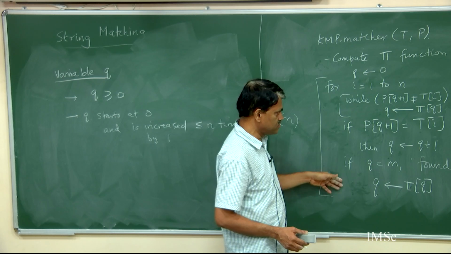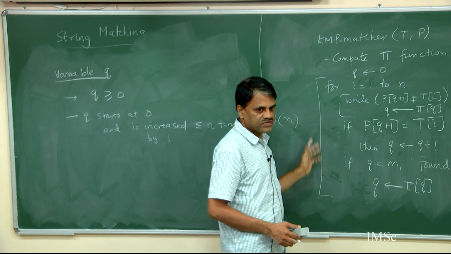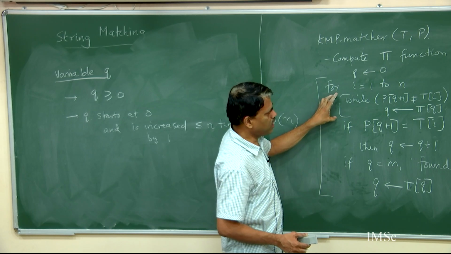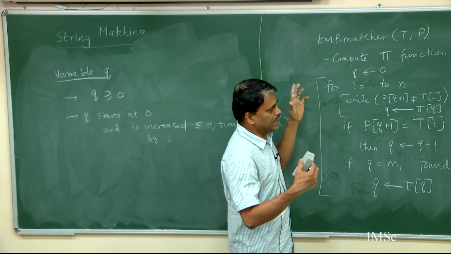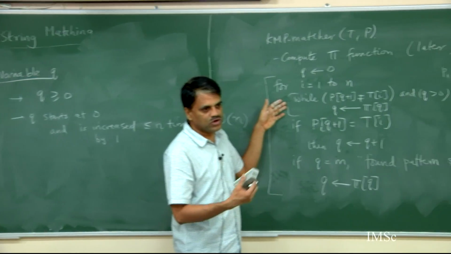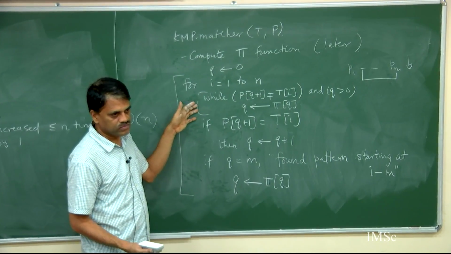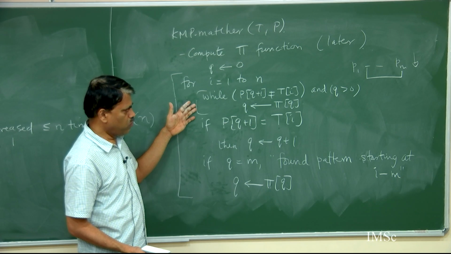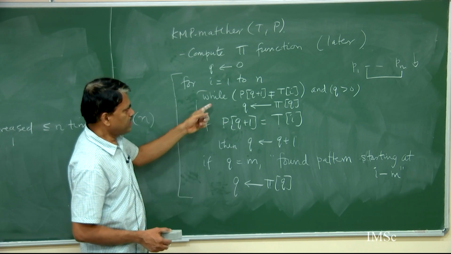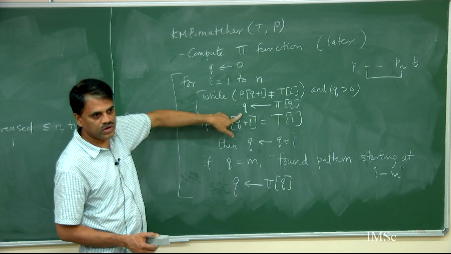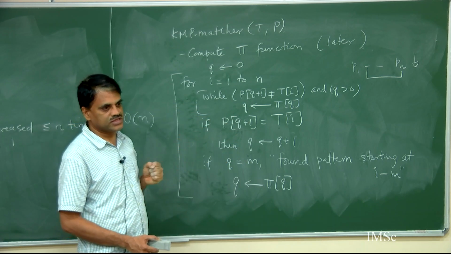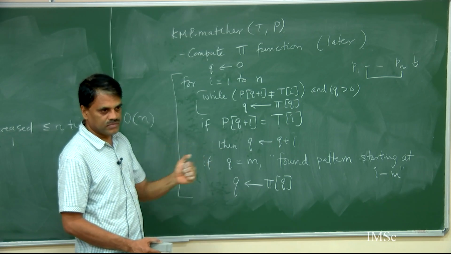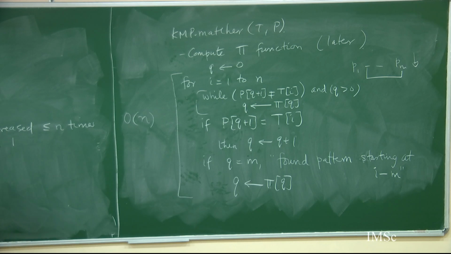This is constant, there are n steps happening, so this is overall n. I want to argue that overall the total time for the while loop is also order n. That is all I want to argue. Why is that? Because at every execution of the while loop, Q gets strictly decreased, because I erased the pi function, it is the proper suffix and so on.